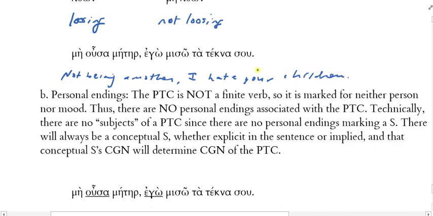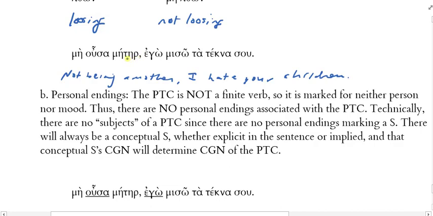That's mean, isn't it? So, mē ousa mētēr egō misō ta tekna sou. Now, ousa is still feminine singular because the egō here is feminine singular, although I could imagine a man saying that too, right? A man could say, not being a mother, I hate your children.